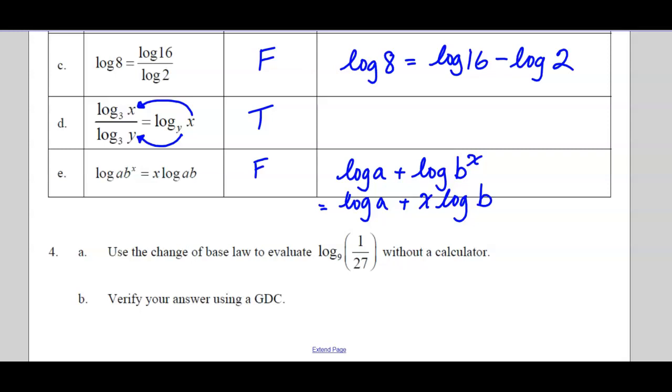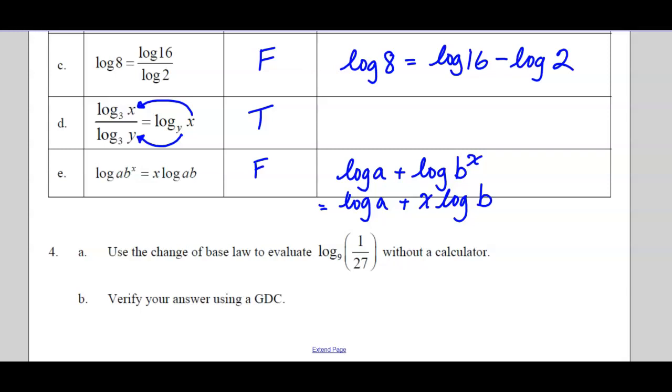Okay, so use the change of base law to evaluate this without a calculator. So now we're using that law there without a calculator. Now, you are going to have a calculator, obviously. But the diploma exam writers would make it so there's some unknown in it, so you can't just punch it all into your calculator.